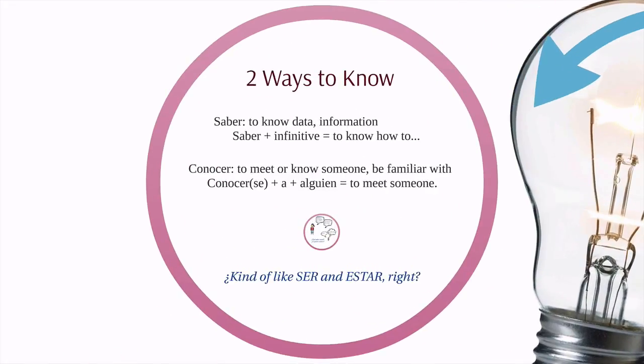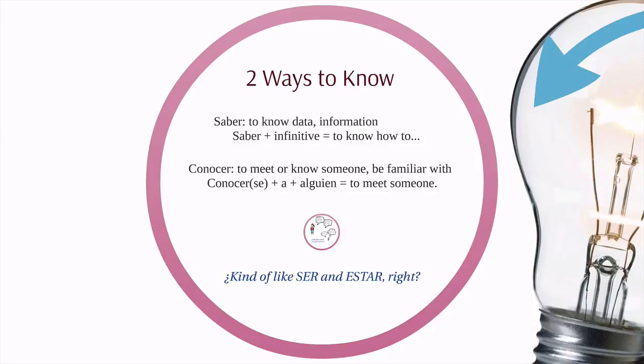Okay, so to start with, 2 ways to know. How do we divvy it up? Saber, which means to know, is about data and information. When we say saber plus an infinitive, we're saying to know how to. Let me give you an example. Yo sé dónde está la escuela.